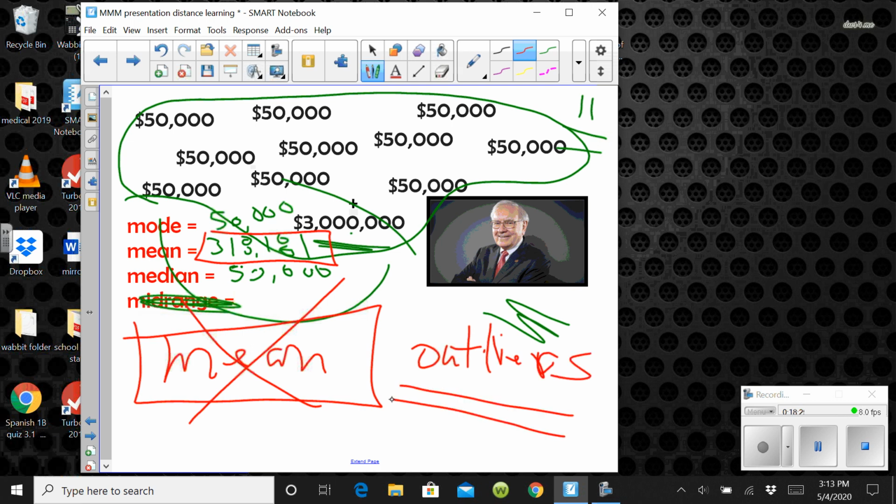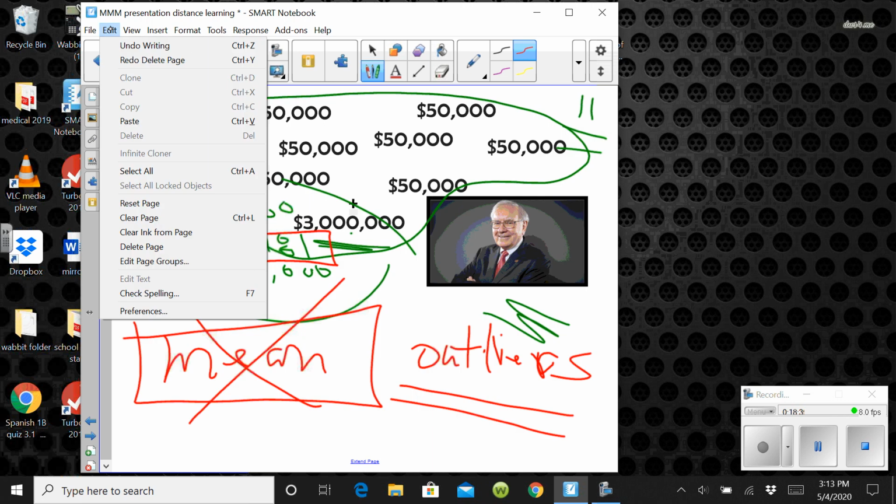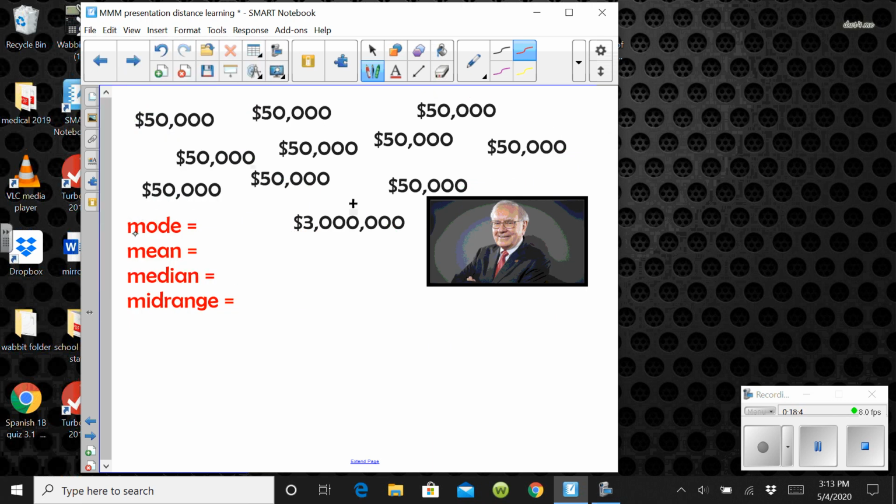An outlier in the world of statistics is a value that really doesn't fit with the other data. And in this case, the salary paid to Warren Buffett by himself is an outlying value.